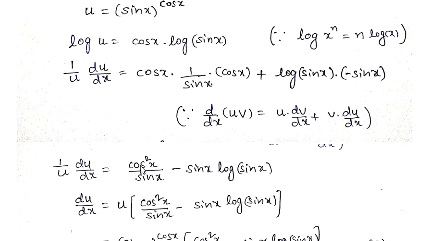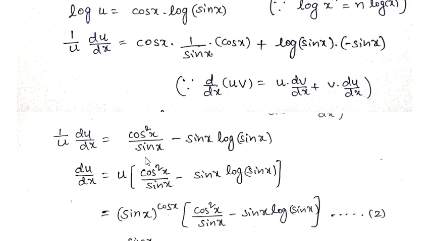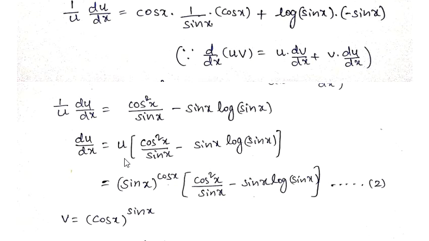Sending this u to the right side, du by dx is equal to u into (cos square x by sin x minus sin x log sin x), and we have taken (sin x)^(cos x) as u. So in the place of u we are writing (sin x)^(cos x), and this is as it is. Let us take this du by dx as equation number 2.